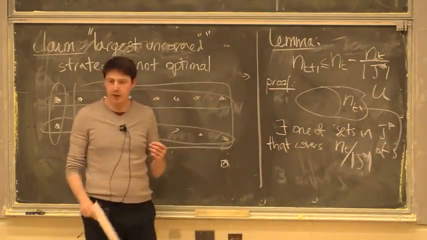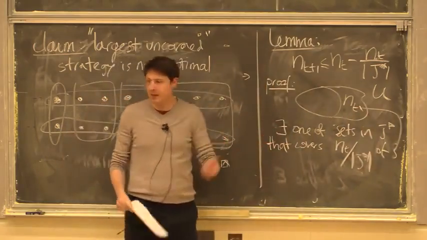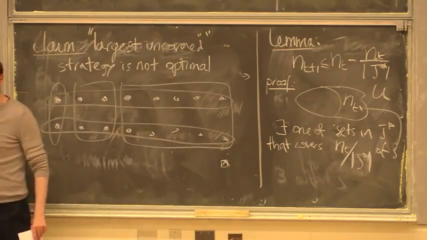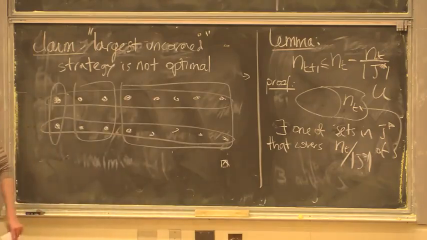Now I want to claim that this set is among those that I can pick from here. Why is that? If that's the case, then I'm done, right?